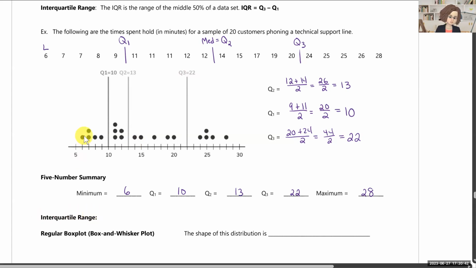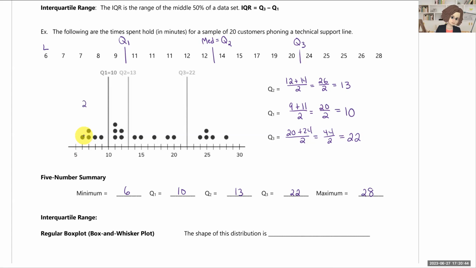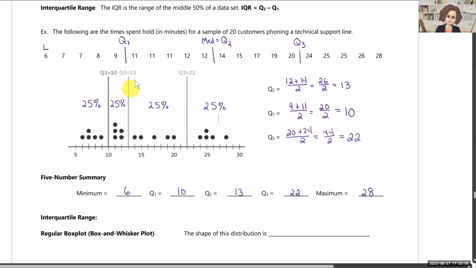First, let's just point out that 25% of the data is in each of these regions created by the quartiles. In our case of having 20 data values, I've got 5 numbers in each of those regions.